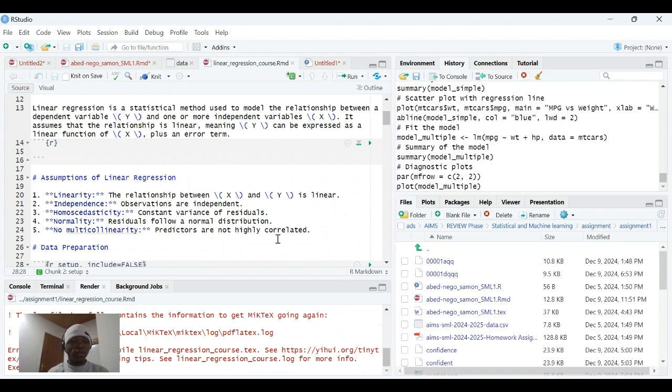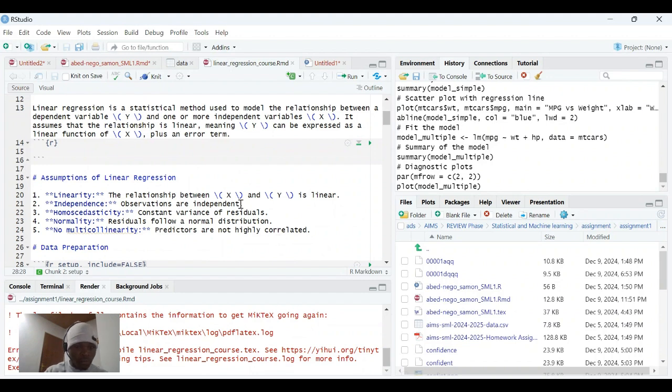First, we will talk about the assumptions of linear regression, but we have to make sure that the outputs are numerical. So in this case, we can talk about linear regression with the dependent variable being numerical, and the independent variables are also numerical.